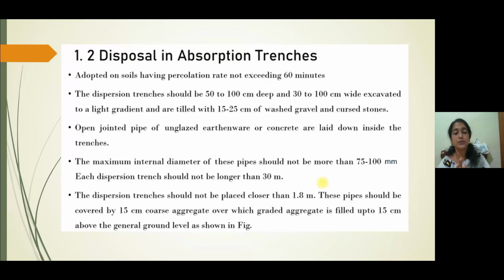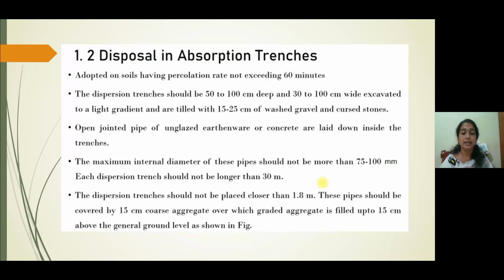The dispersion trenches should be 50 to 100 centimeter deep and 30 to 100 centimeter wide, excavated at a slight gradient, with 15 to 25 centimeter of washed gravel and crushed stone. Open jointed pipes of unglazed earthenware or concrete are laid inside the trenches.